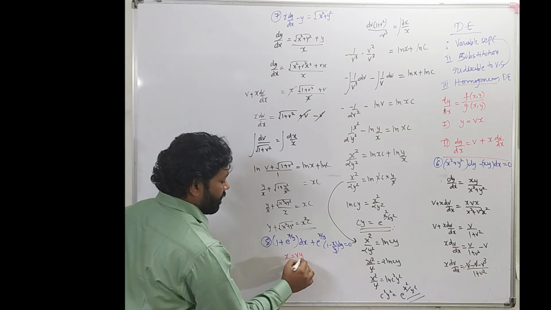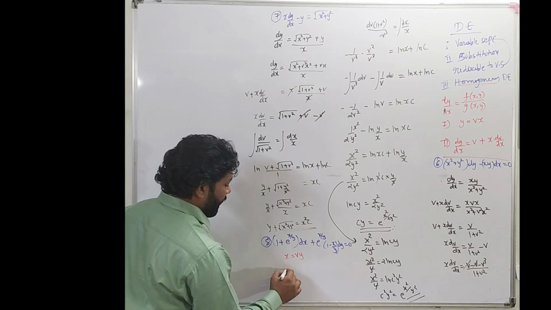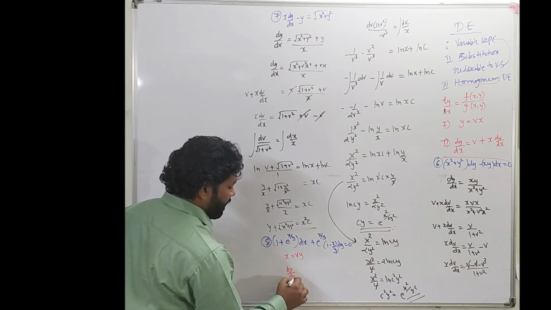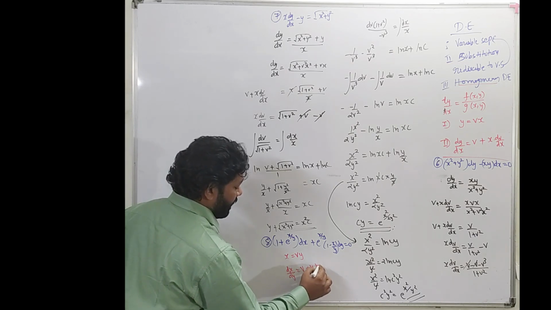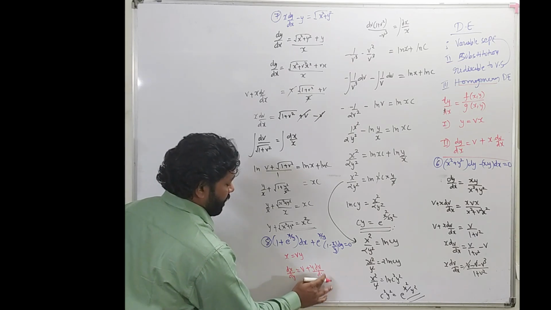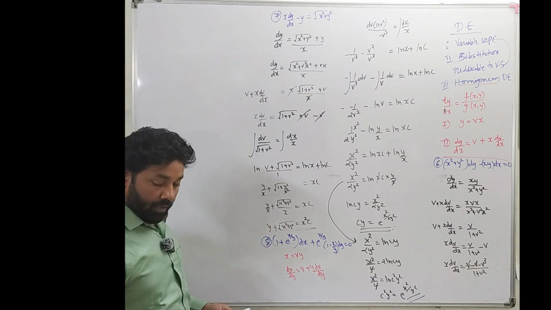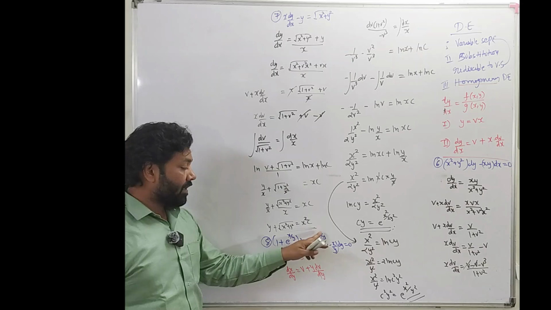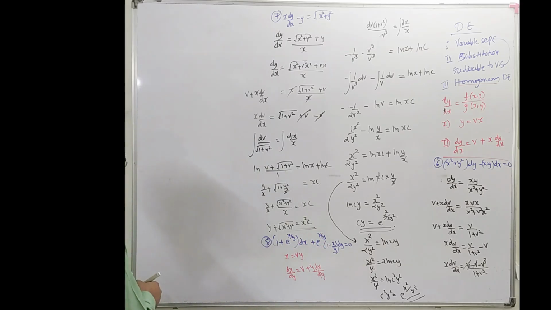We'll use x is equals to vy, and then differentiating with respect to y, we'll have dx by dy. V as it is, differentiation of the y will be 1, and then dv by dy. So this is the modification required for such type of the questions in which you have x upon y format. So let's do this substitution first.